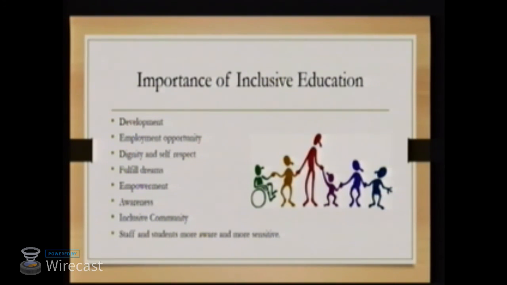Because the school fosters this environment, eventually it'll leak out into the community. And most of all, staff and students without a disability are more aware and more sensitive, and have more experience in dealing with diversity.